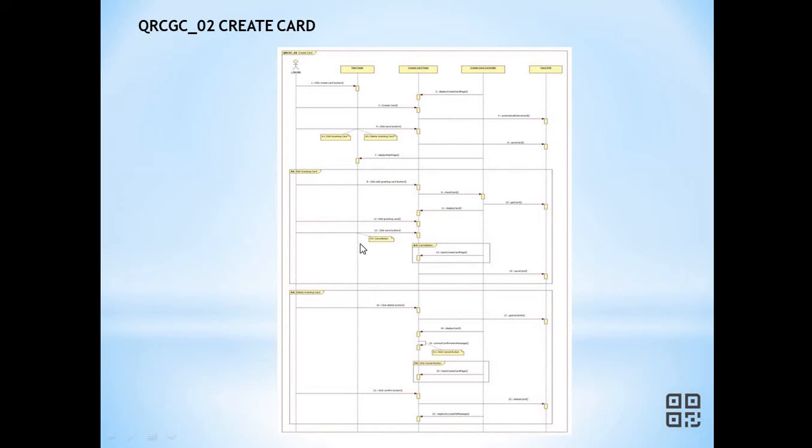So this is the flow of how create card works: the sender can create the QR code, create the card, and then they will save it automatically and also can click the save button. When the sender clicks the cancel button, it will go back to the main page.